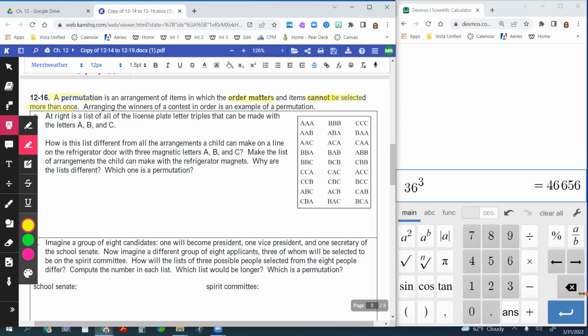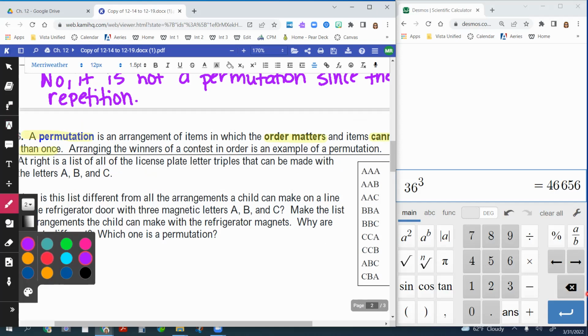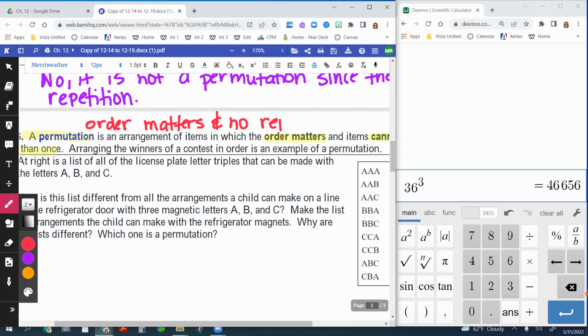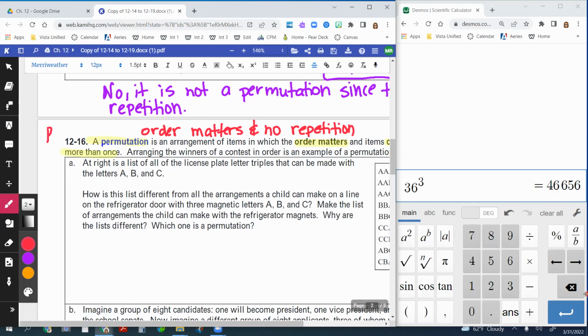But I'm going to write it this way: order matters, and no repetition. That's what's important. Okay, and this is for a permutation.